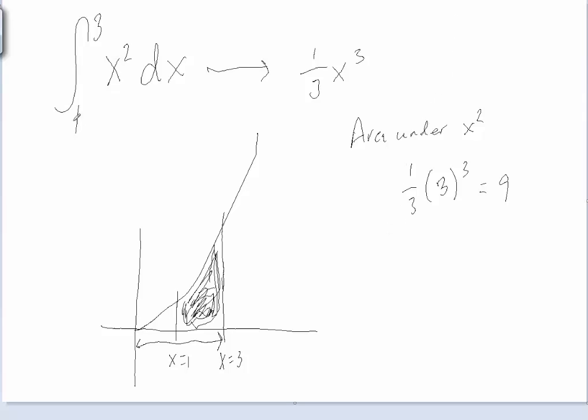Okay. If we're only looking at the area between 1 and 3, we can think of this entire area between 0 and 3, and we're subtracting this area here.